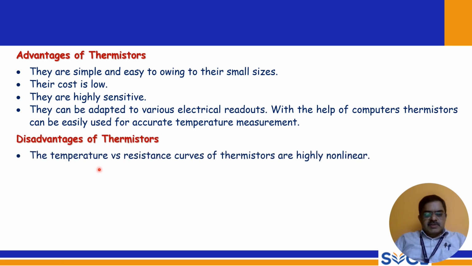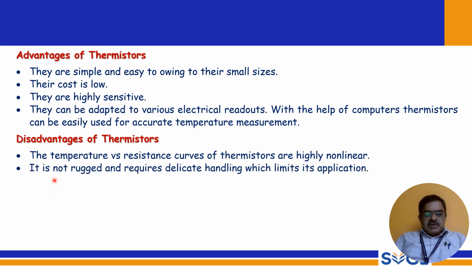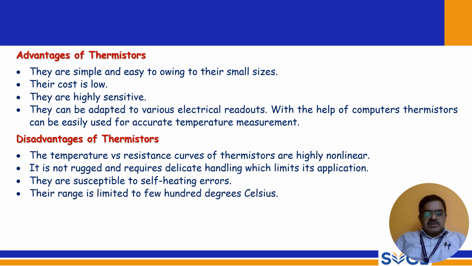Disadvantages: the temperature versus resistance curves of thermistors are highly nonlinear, and it is not rugged and requires delicate handling, which limits its application. They are susceptible to self-heating errors. Their range is limited to a few hundred degrees Celsius only. It is not suitable for higher temperature measurement.